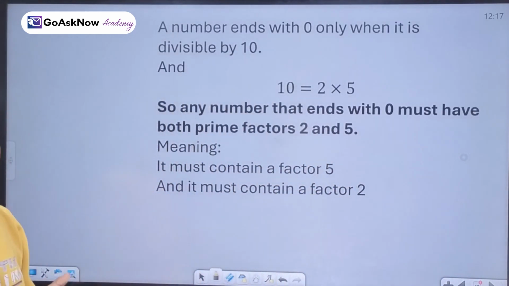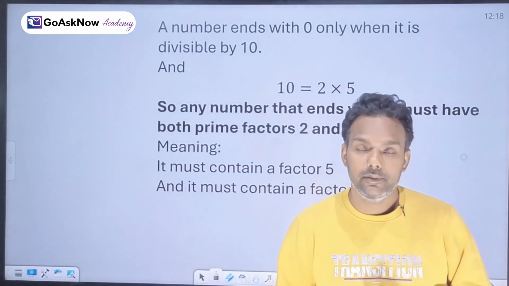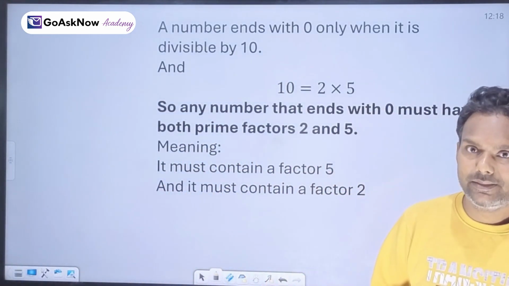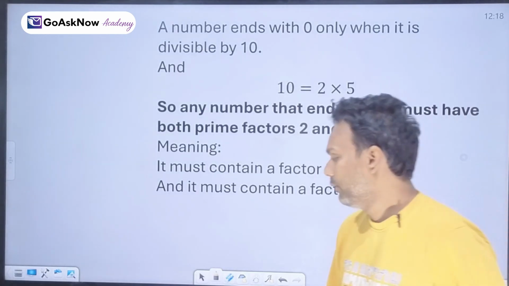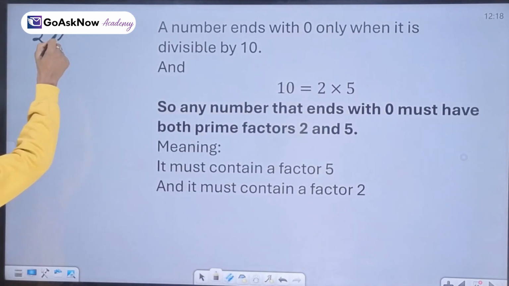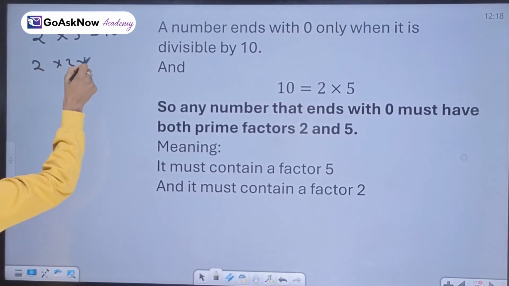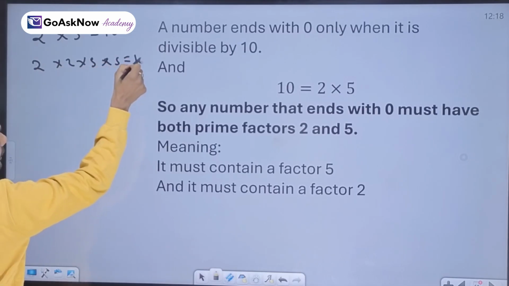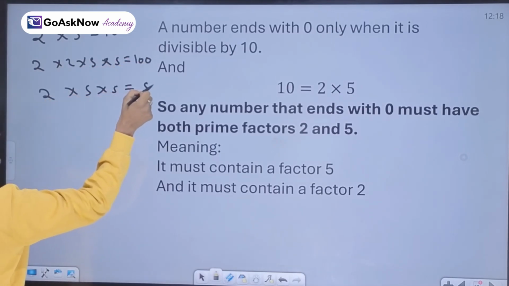Now the next topic is finding whether a product of numbers can have 0 at its last digit or not, or how many zeros can be there. For example, for 2 into 5 we get 10, for 2 into 2 into 5 into 5 we get 100, for 2 into 5 into 5 we get 50.